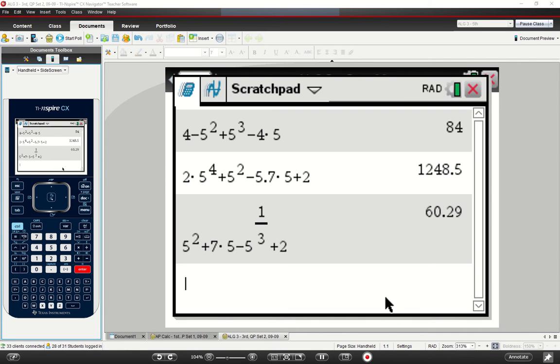So everyone in your calculator right now, I should see everyone's calculator. Everyone's calculator should be doing this.